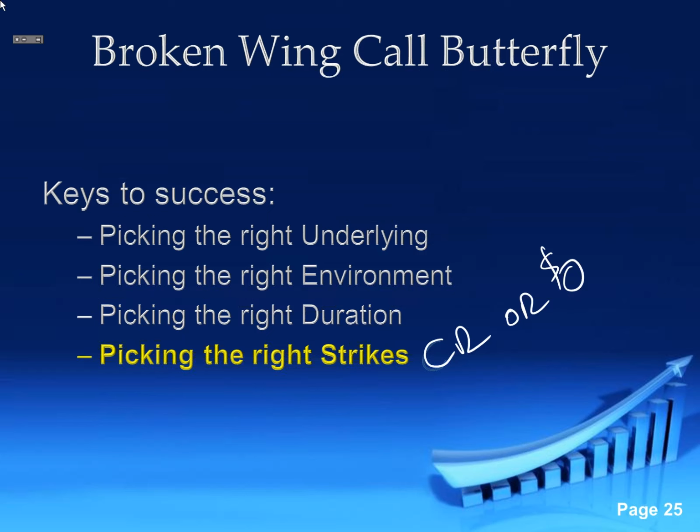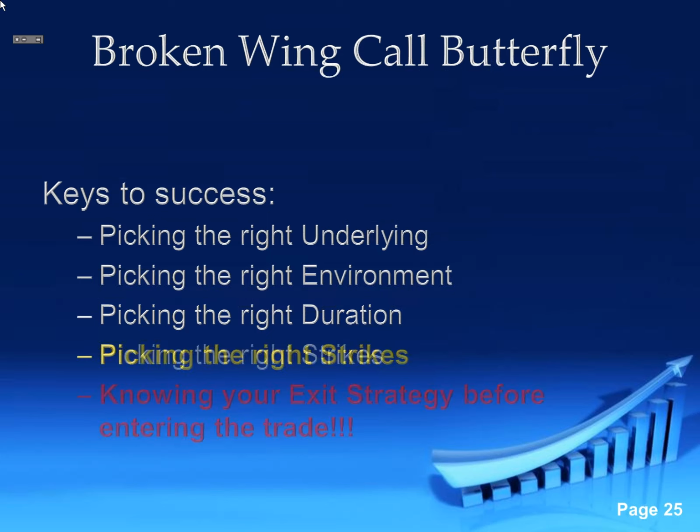But the further out of the money you go, the closer it gets to a debit. And if you start getting to a debit, don't do it. You're just increasing your risk on both sides. So without further ado, let's get on with it.